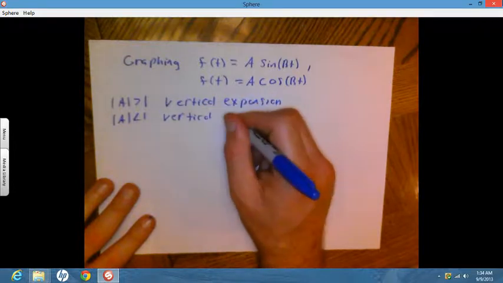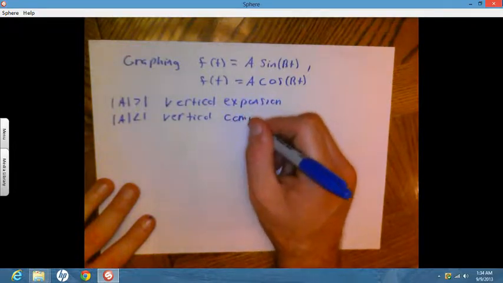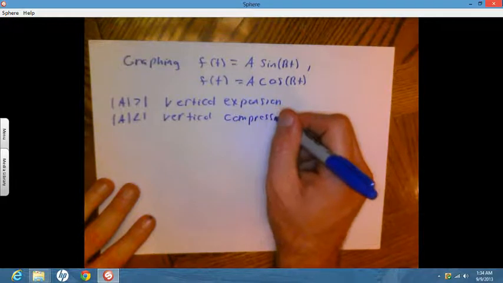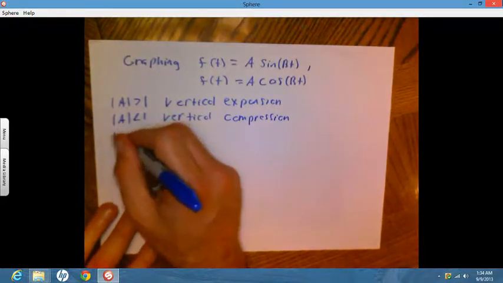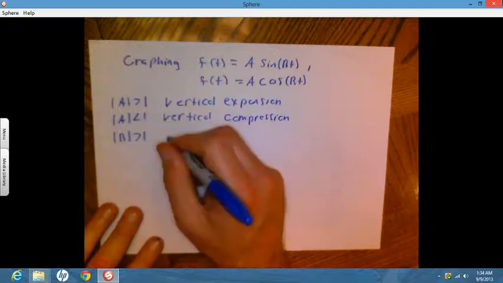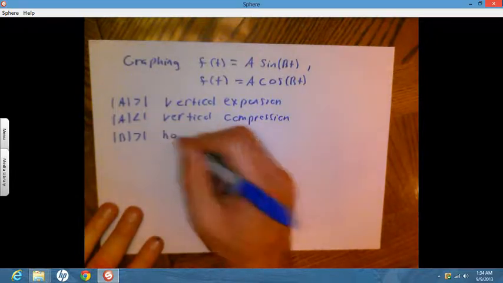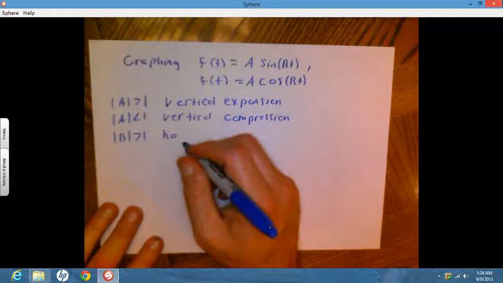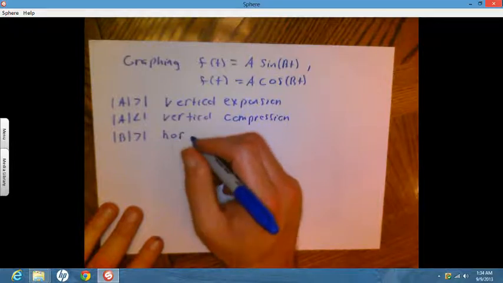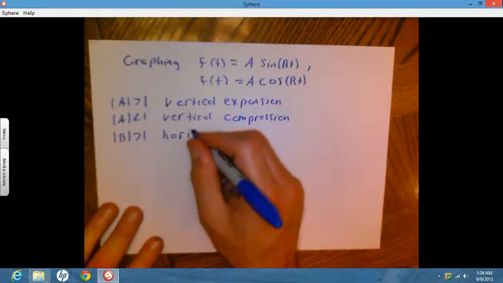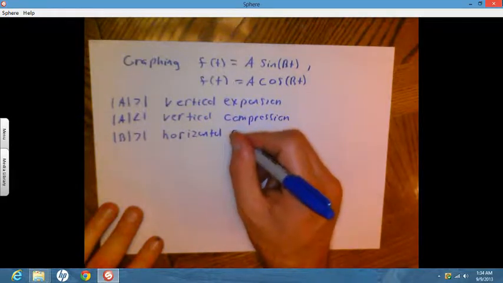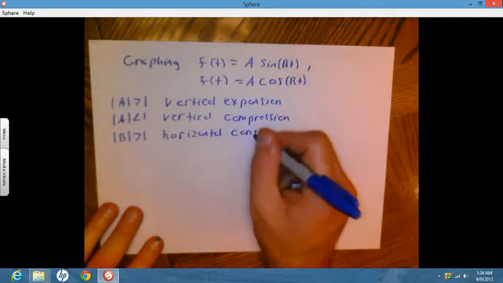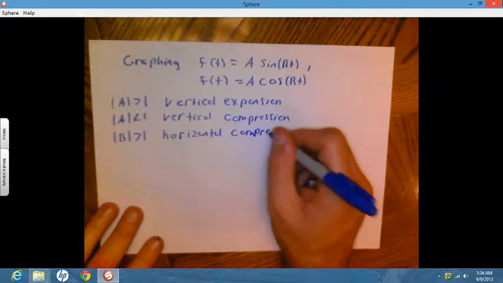And if the absolute value of b is greater than 1, we have a horizontal compression. Yes, it's different than the a. You'll see why. And if the absolute value of b is less than 1, we have a horizontal expansion.